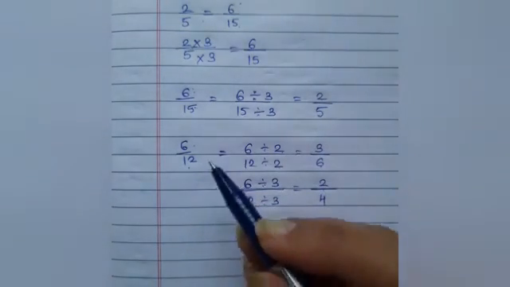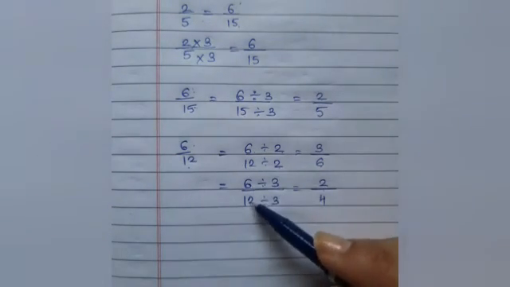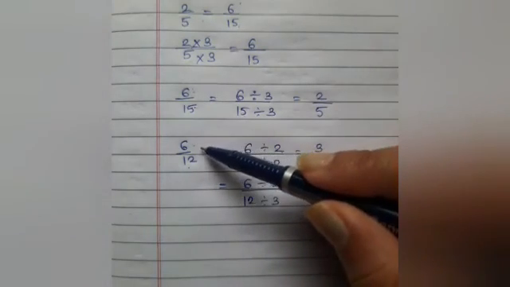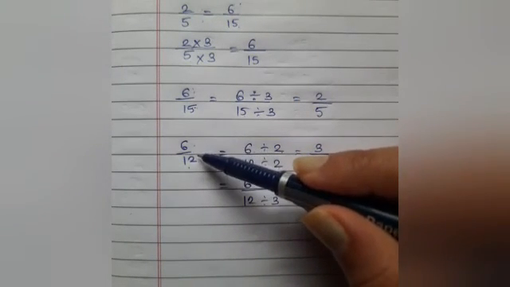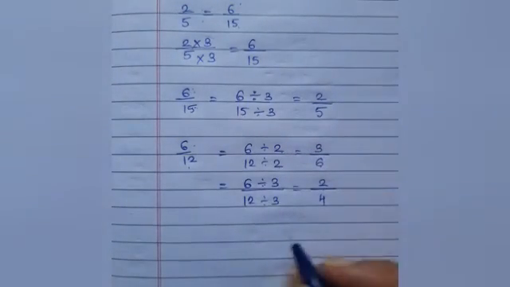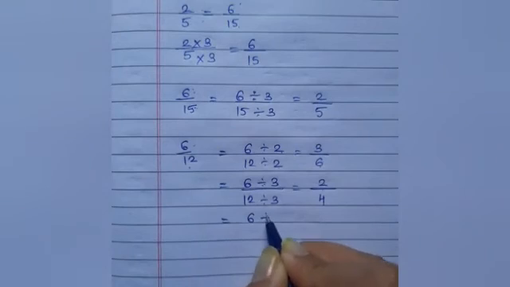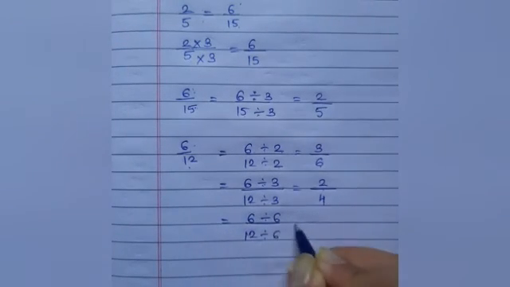Also, 6 and 12 both appear in the table of 6 itself. So 6 divided by 6 and 12 divided by 6.